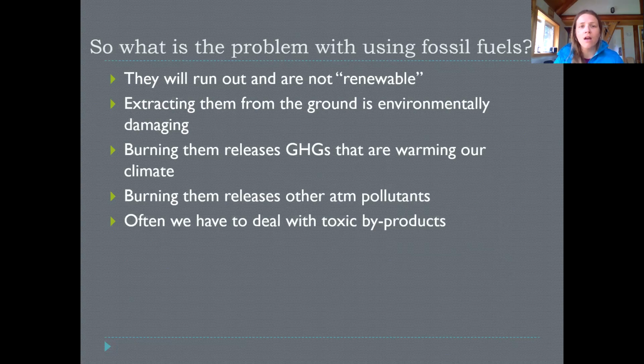And then finally, we have to deal with different kinds of toxic byproducts associated with the mining, refining, and manufacturing of these fuel types. We might have big waste ponds, and those themselves, aside from the fuels, might be creating local or regional environmental problems.